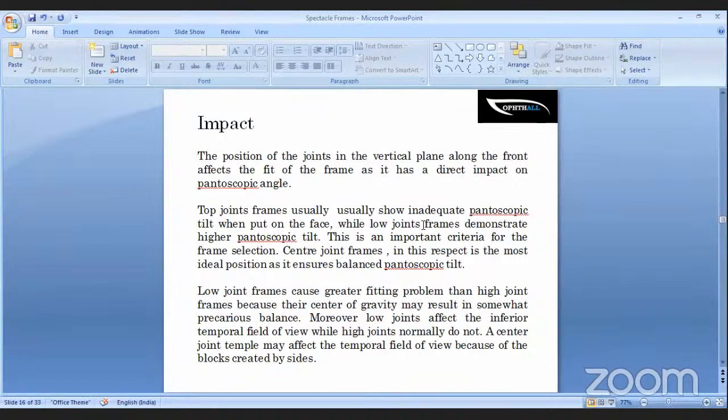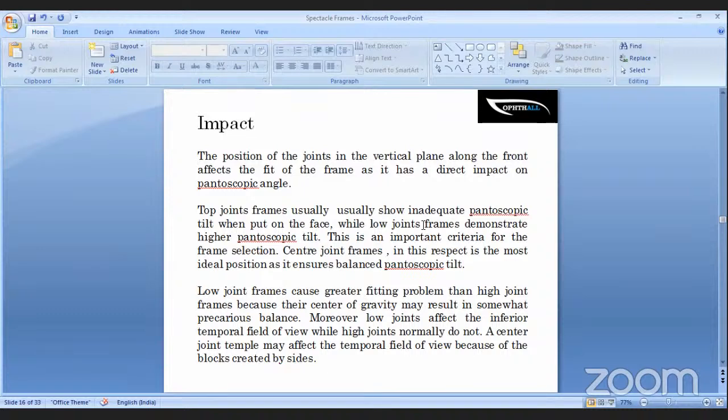Top joint frames usually show inadequate pantoscopic tilt. जब फ्रेम का साइड्स इसके फ्रंट से टॉप पे ज्वाइन होता है तो यदि आप उसको साइड से देखोगे, पेशेंट के साइड से देखोगे तो आपको लगेगा कि इसमें पेंटास्कोपिक टिल्ट कम है, मतलब there will be a lot of gap between the cheek and the lower rim of the frame. And this is an important criterion for frame selection.